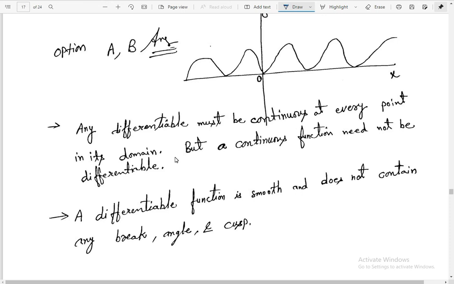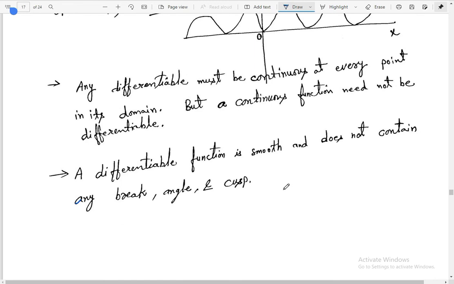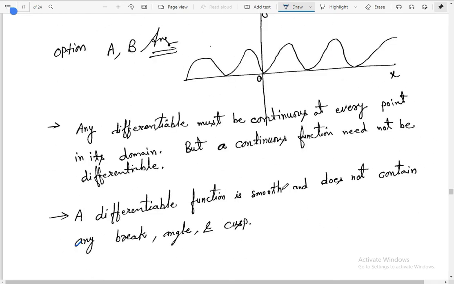A differentiable function is smooth and doesn't contain any break, angle or cusp. If in any graph there is a break, angle or cusp point, we cannot say it is differentiable.